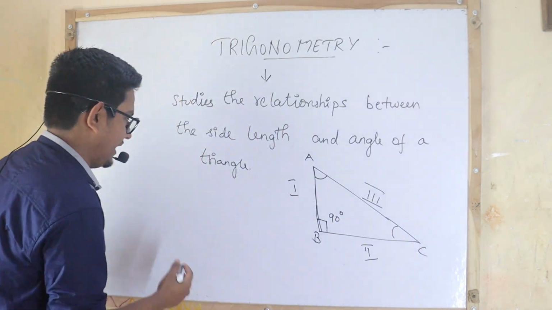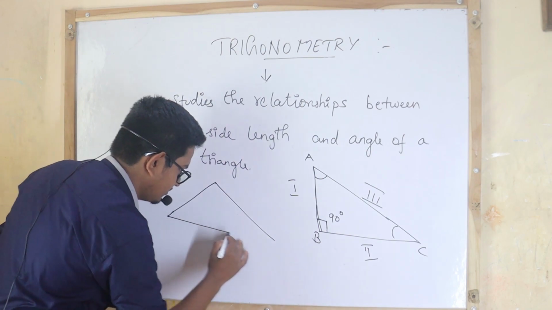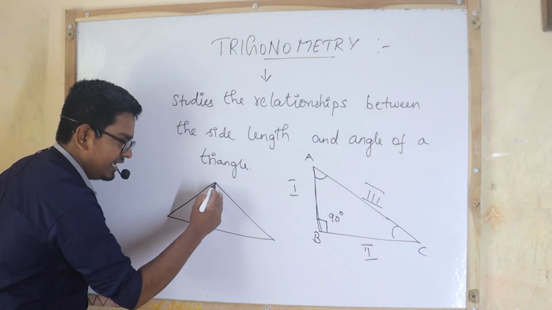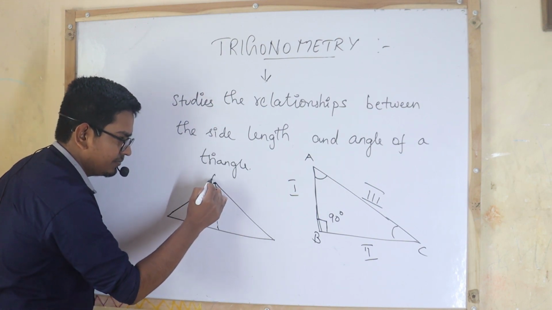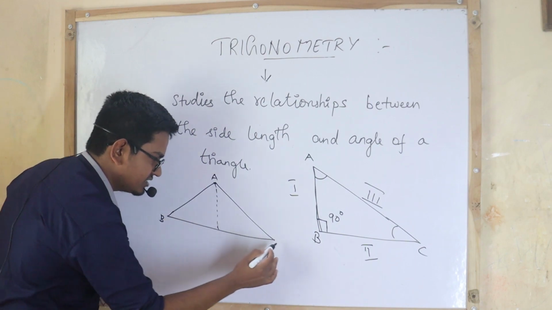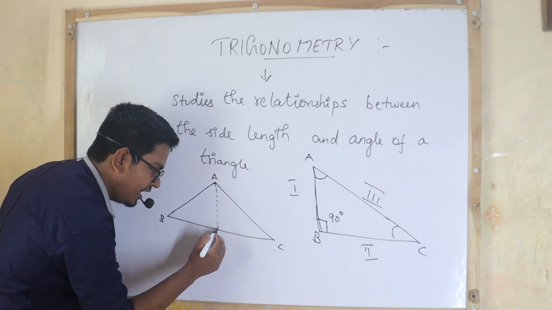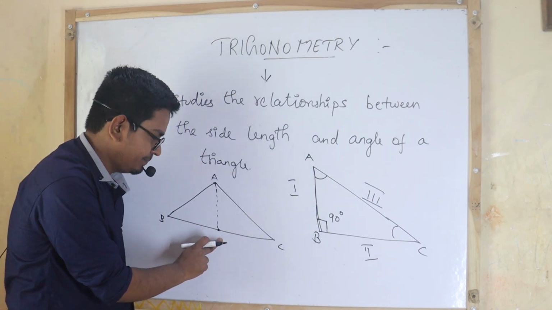For example, if the triangle is given like this, then what we will do is just draw a line in the center. As you can see here, it's A, it's B, it's C. From the point A, I am drawing a line, and this line is joining the line BC.